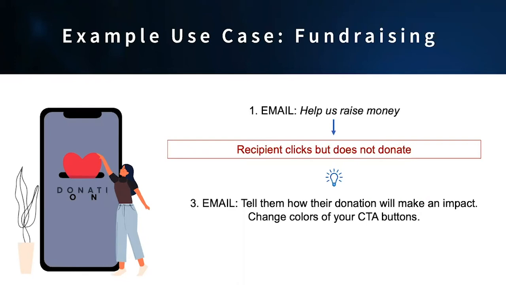Even changing the colors of your CTA buttons, your call to action buttons, can make a huge difference. So just playing around and seeing what might help you to get them to donate, or to complete the goal of the campaign, will be a great idea.